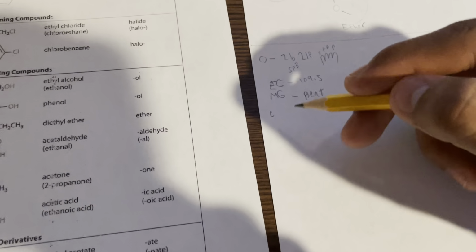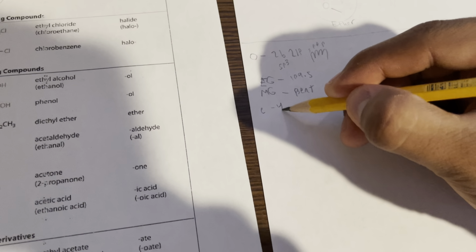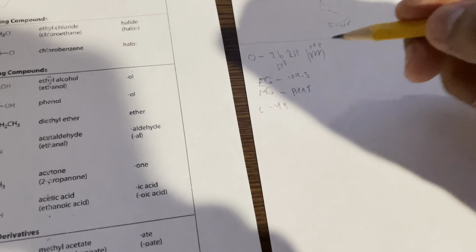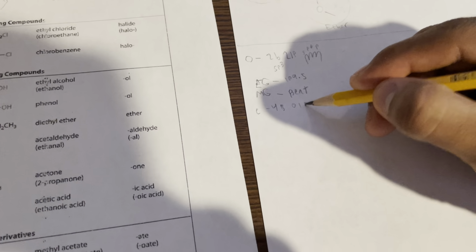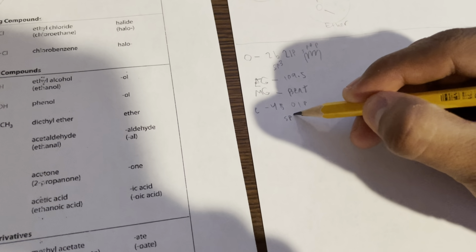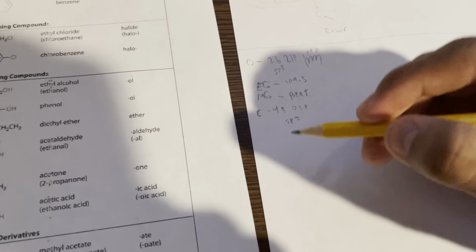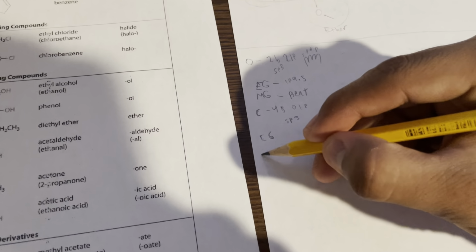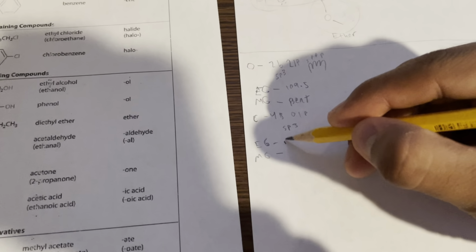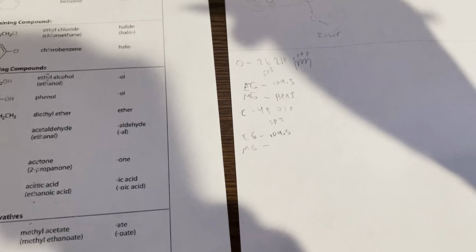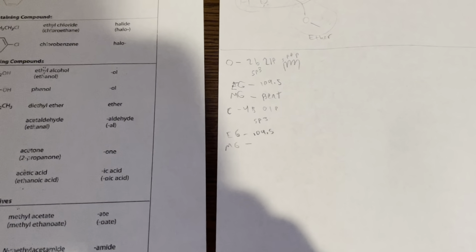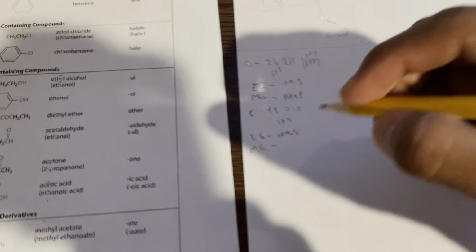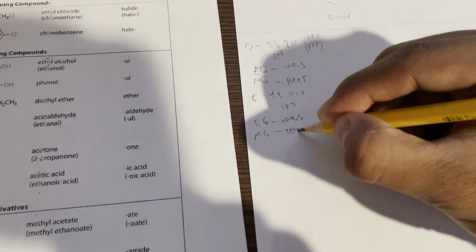So it's going to have 4 bonds and 0 lone pairs. That's going to be sp3 as well. Its electron geometry, since it's 4 bonded atoms, is going to be 109.5, and its molecular geometry, since it has 0 lone pairs, is going to be tetrahedral.